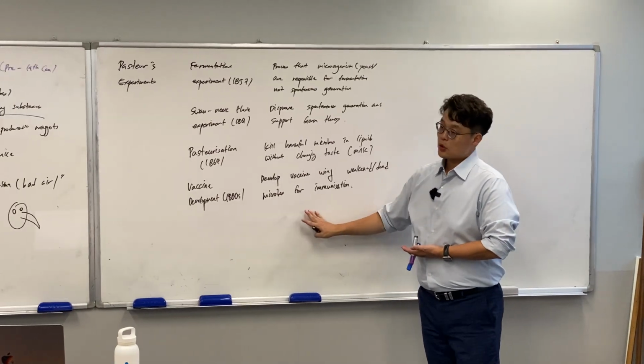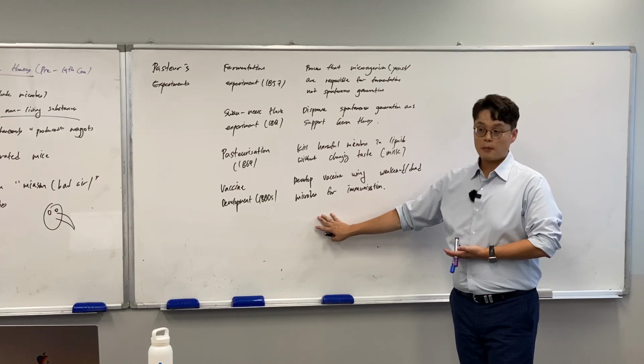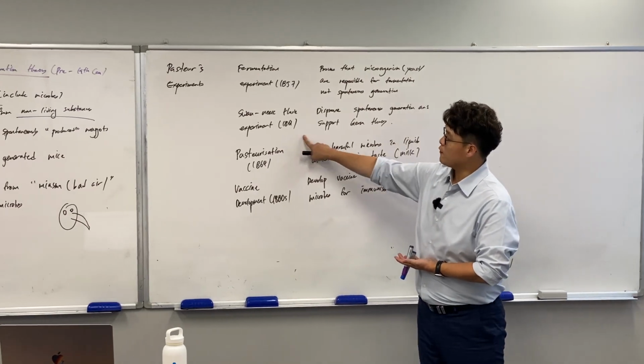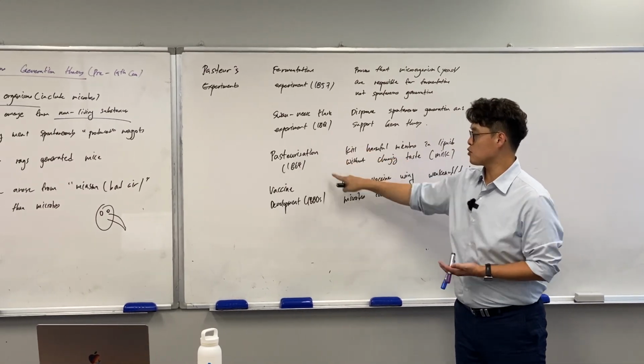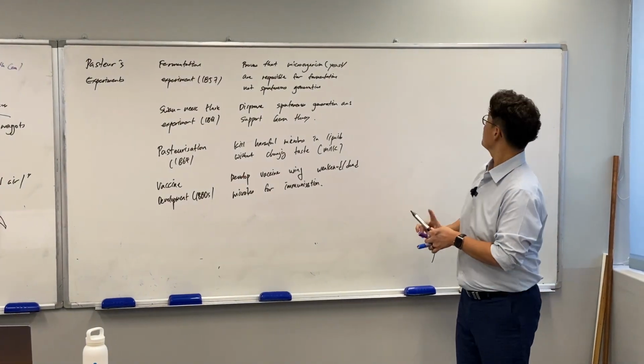Any questions about Pasteur's experiment? Do I need to explain any of Pasteur's achievements again? Okay. The most important thing would be the swan neck flask experiment, but pasteurization is an application of that experiment as well.